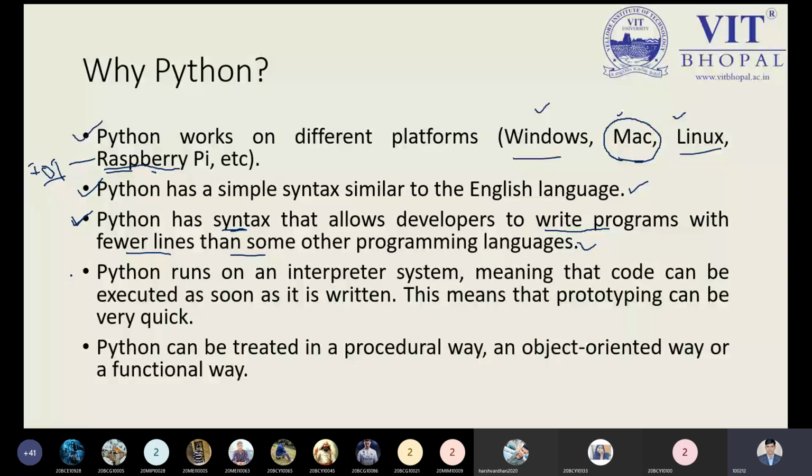Now the fourth point is that Python runs on an interpreter system. What is an interpreter? What does it mean? It reads all the lines and statements and then processes them.